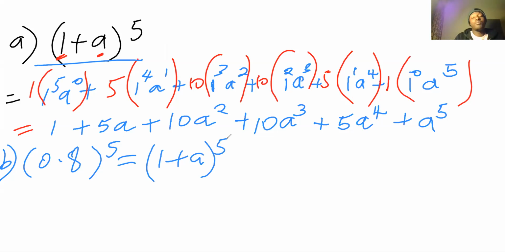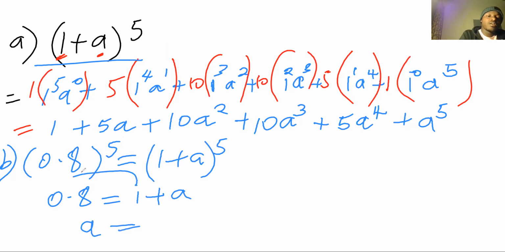These powers should be the same, or else you will need to use so many rules, which I don't think at your level you're doing. So that means 0.8 equals 1 plus a. So we can make a the subject. When 1 crosses this side, it becomes 0.8 minus 1, which gives us our value of a.